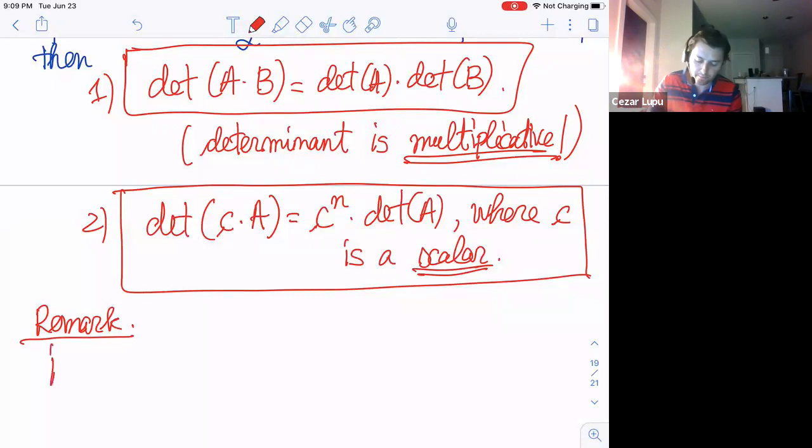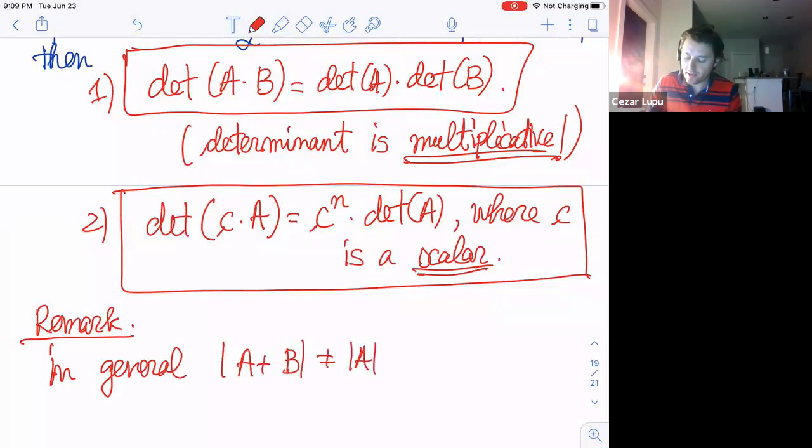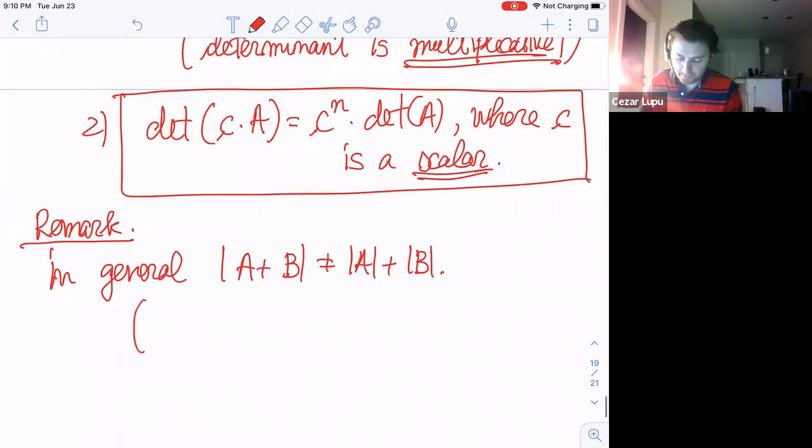So in general, the determinant of A plus B is not equal to the determinant of A plus the determinant of B. Of course, you can find some special matrices for which this holds true, but you can also find matrices for which this doesn't hold true. So the determinant is not additive.